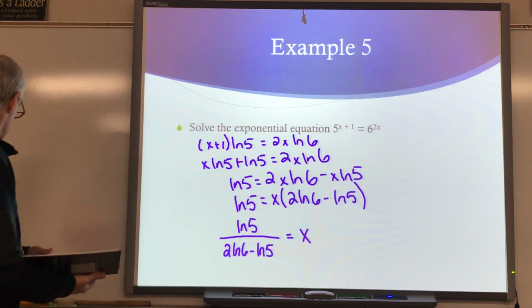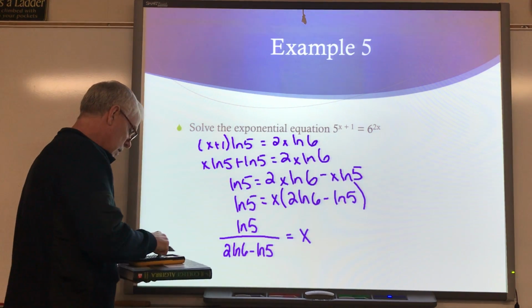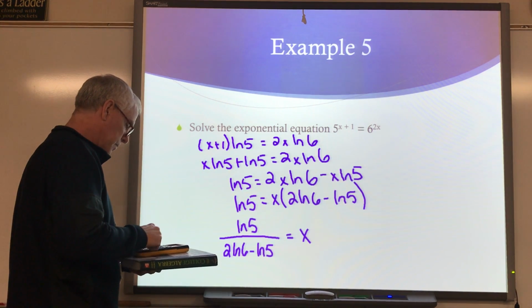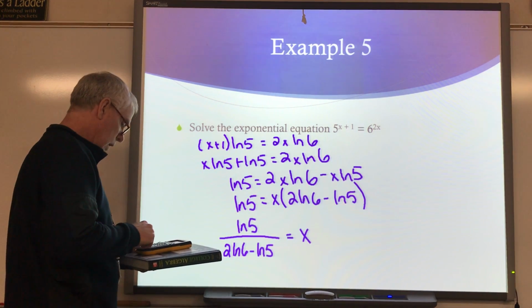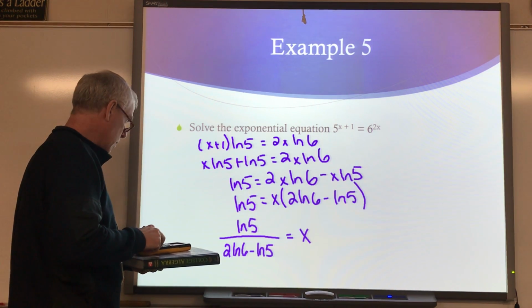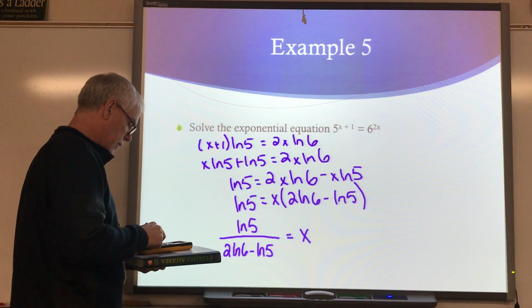Okay, let's see what we get when we work it out here. So on the top I've got ln 5. On the bottom I have 2 ln 6 minus ln 5.